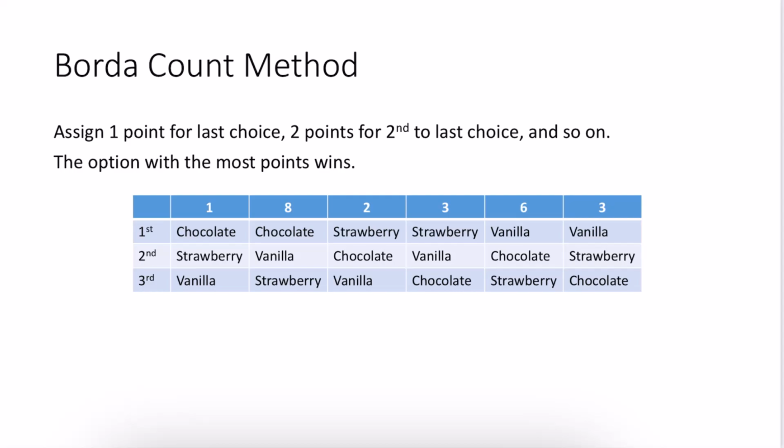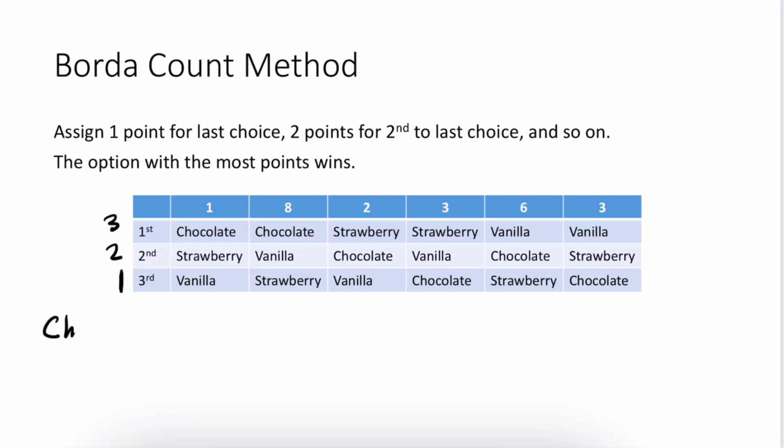And if we were to use the Borda count method to determine the winner, the way that we would do this is we're going to give 1 point for every third choice vote, 2 points for every second choice vote, and 3 points for every first choice vote. So the first choice votes get the most amount of points, but second and third choice votes do still get some points. And what we'll do is we'll calculate how many points each option has.